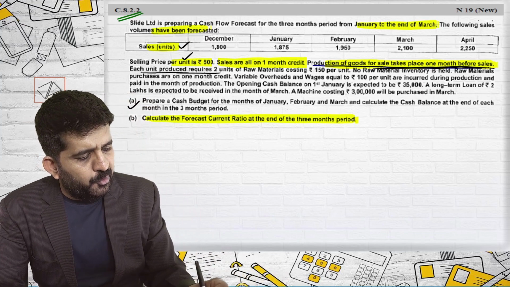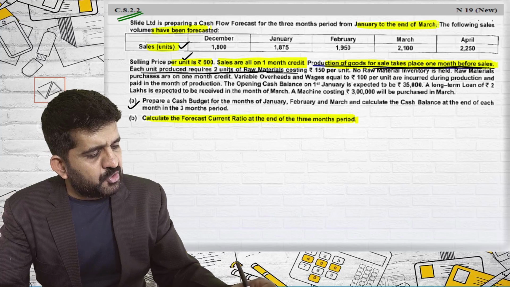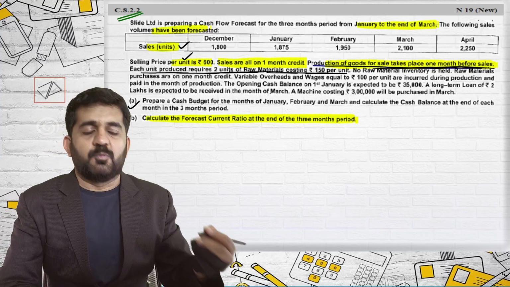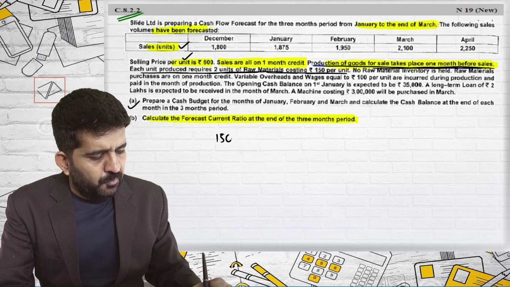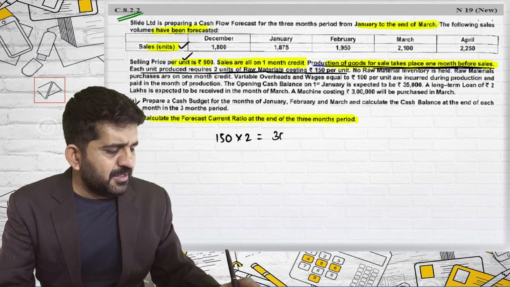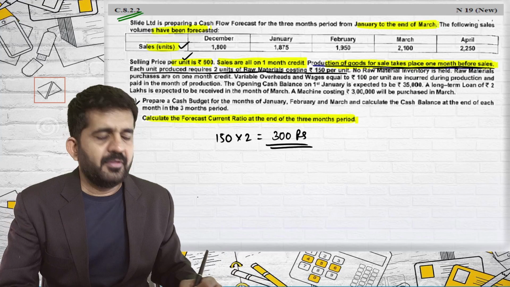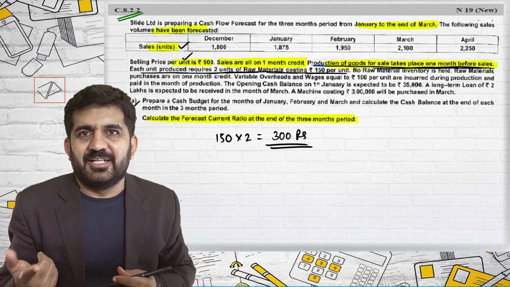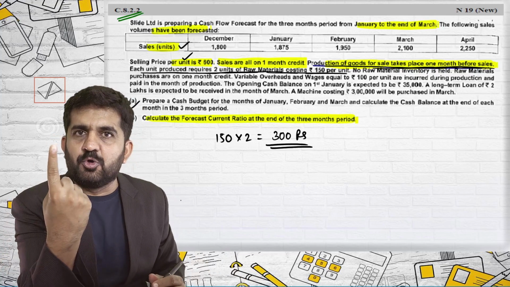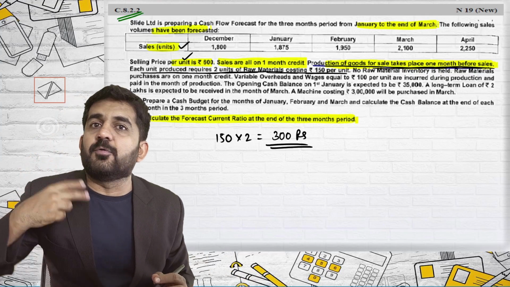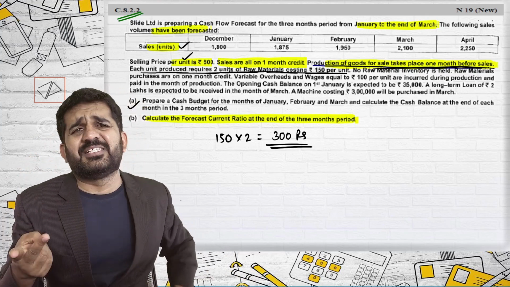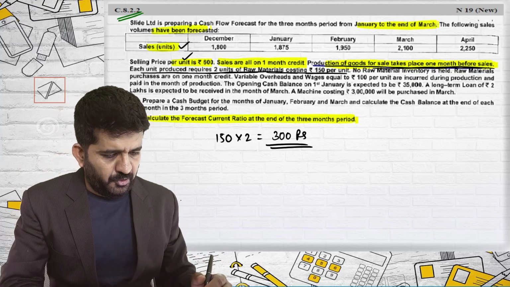Each unit produced requires 2 units of raw material costing rupees 150. So for 1 unit of output, you will require 300 rupees. If you want to manufacture 1 output, 2 units of raw material will be required at the rate of rupees 150, that is rupees 300 to manufacture 1 unit.